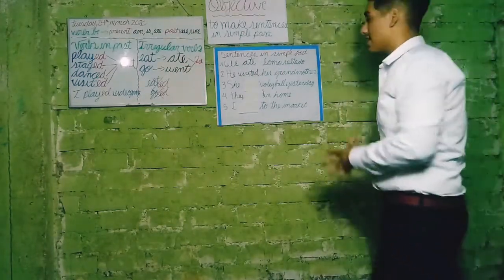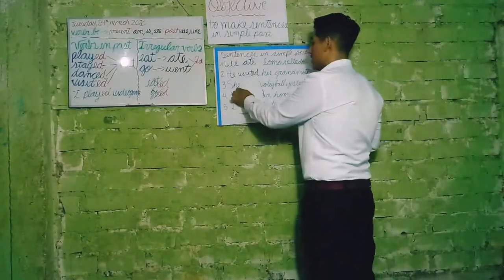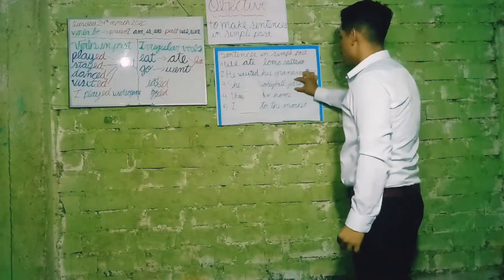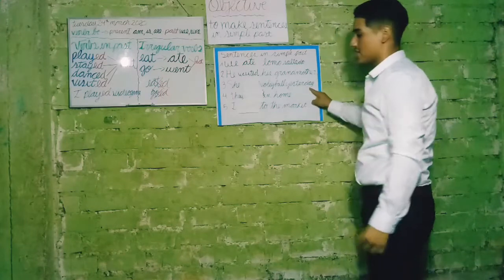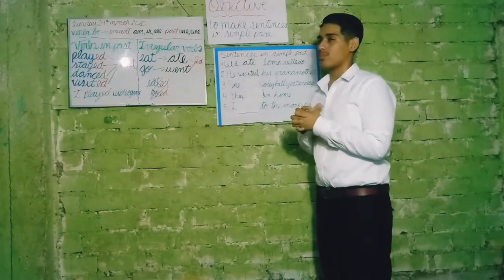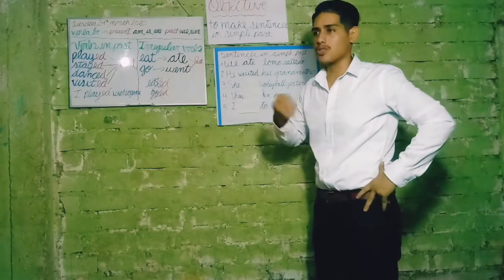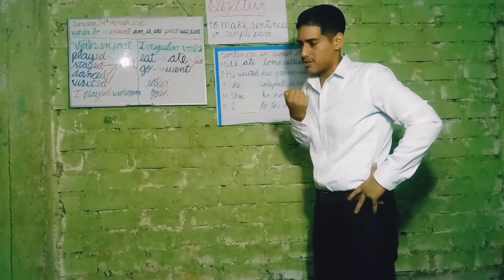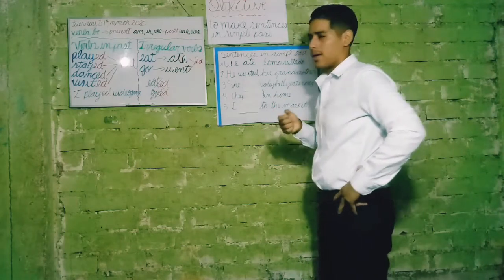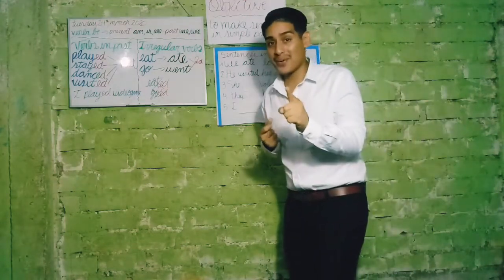Okay, so let's see the next one. It says she for the subject, and we have volleyball and yesterday. Volleyball. Okay, volleyball, it's not possible to eat, or I don't know. What happened with play? You remember?